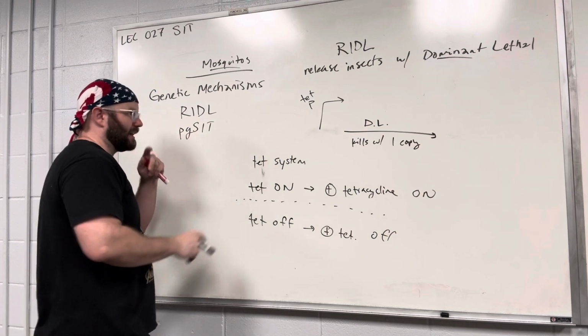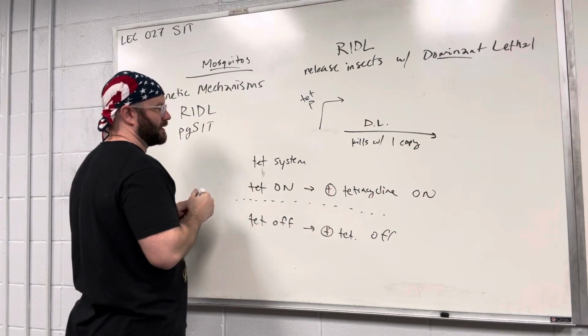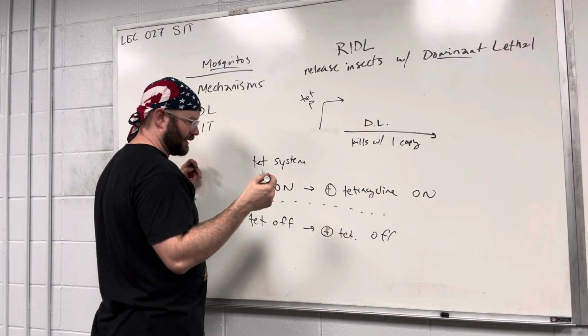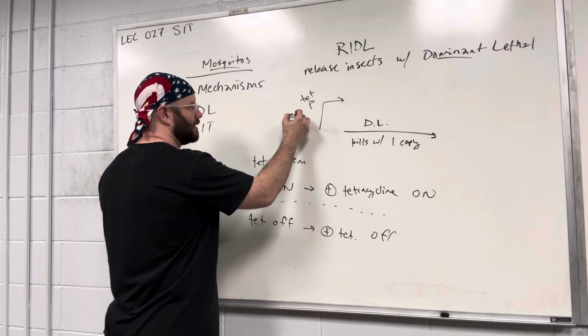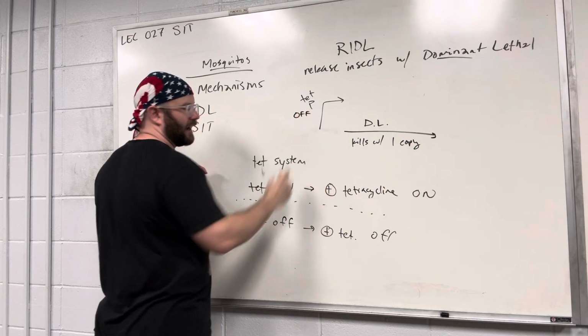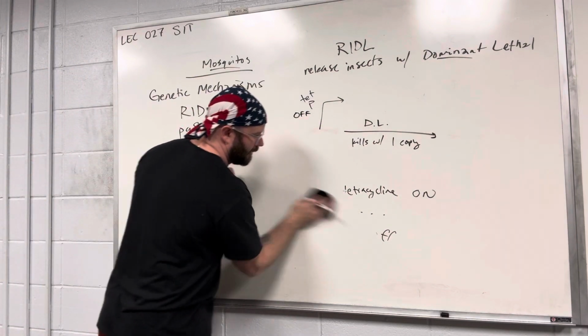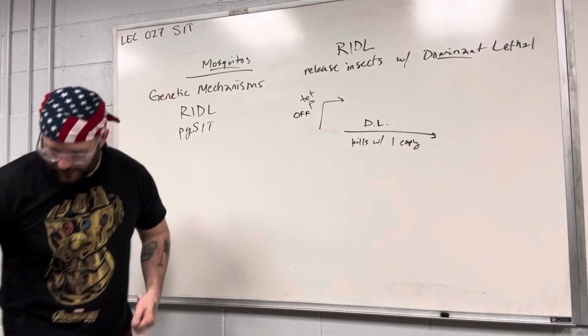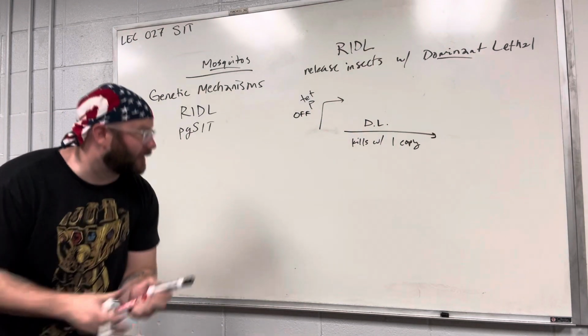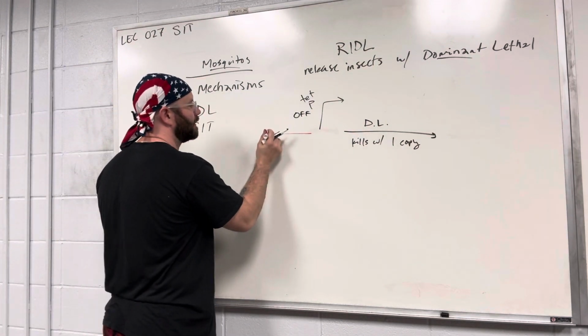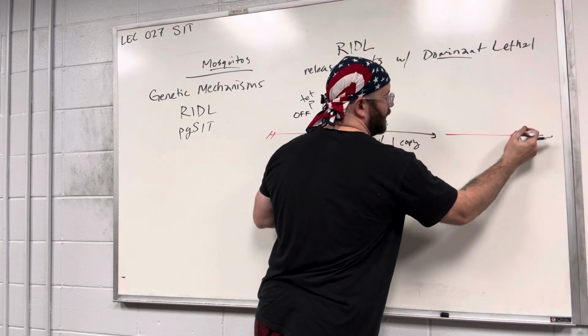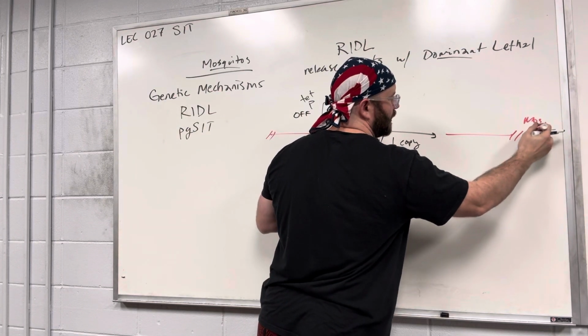So in the Riddle system, hopefully I get this right, they're using the TET off system. So that means if you want to make the transgenic insertion in mosquitoes, what do you need to do in the mosquito genome?